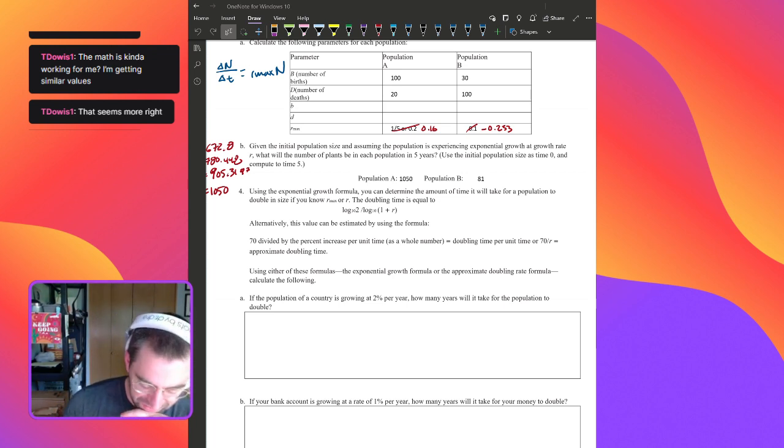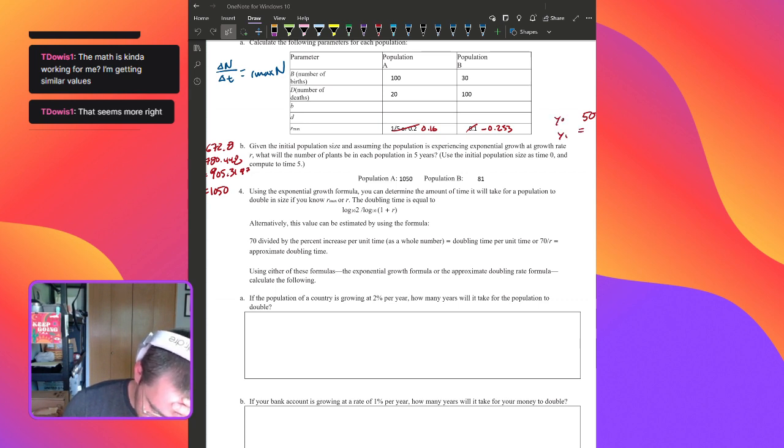So that's a very, very longhand way to do it. I don't know if I explained that clearly enough while I was doing it. I basically took 500. We figured out what our growth rate was, 0.16. So I did 500 plus the quantity 500 times 0.16, and that equaled, so that's year 0.